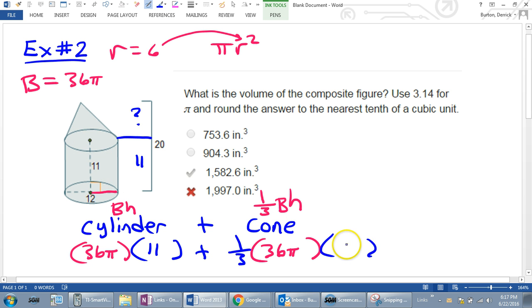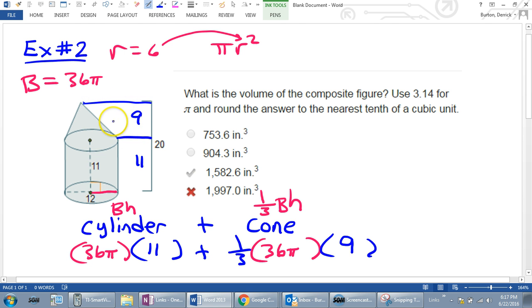Alright, I hope you said 9. I can't really hear you, but no, you subtract. The total is 20. If part of it is 11, 20 minus 11 will tell you the rest of it. These have to add up to 20. So the cone must be a height of 9. So I put in the 9.